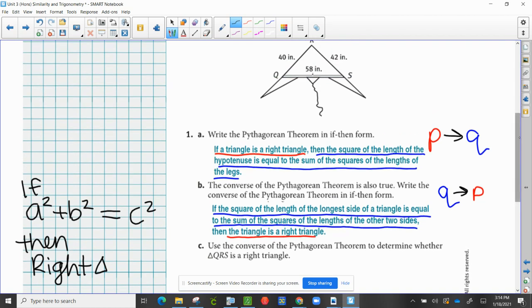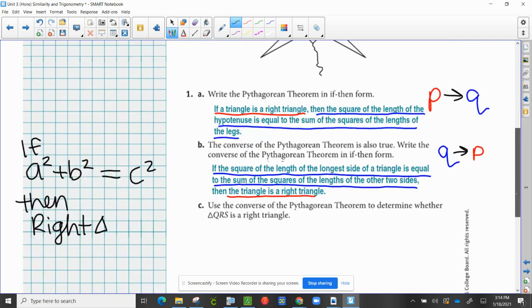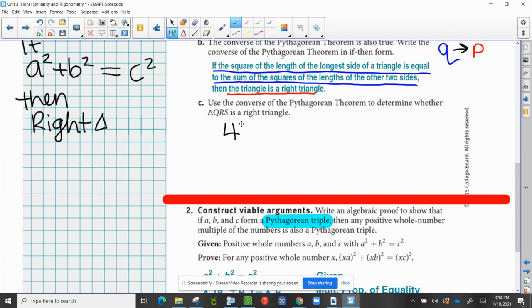So in this picture, we have triangle QRS. We'd have to take our longest side, that's 58. That squared would have to be equal to 40 squared plus 42 squared. So we'd actually have to show: does 40 squared plus 42 squared in fact equal 58 squared?